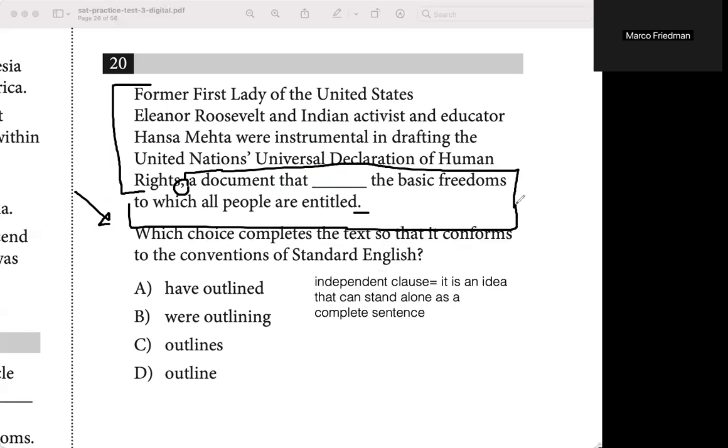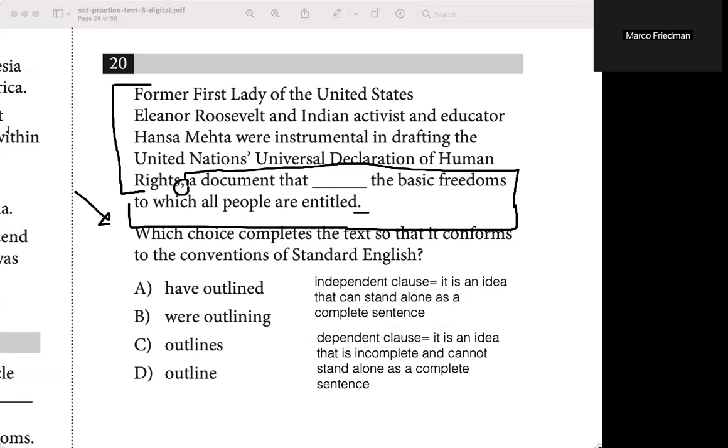So this clause here is what we call a dependent clause. It is an idea that is incomplete and cannot stand alone as a complete sentence, meaning you need additional information, another clause, so that it makes sense, okay?